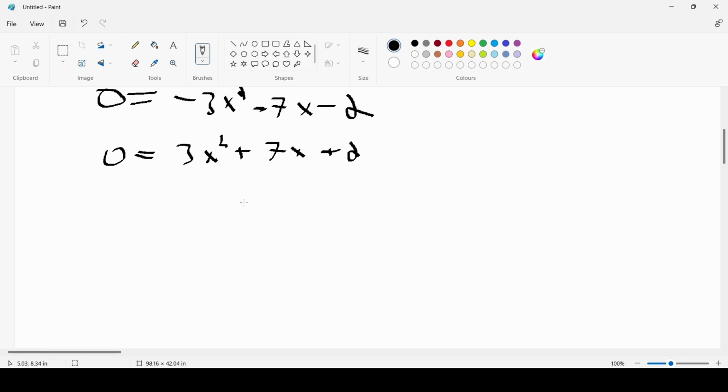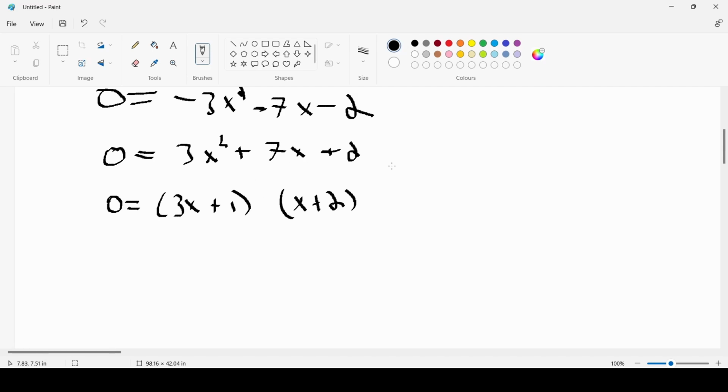Now, we can use the quadratic formula, or we can factor. I will factor. If you use the quadratic formula, you'll still get the same thing. Now, I know it's 3, so this must be 3x, and this must be x. Factors of 2 that add up to 7 are going to be plus 2, and can you guess the last one? Plus 1. Reason being is we have a 3 here, 3 times 2 is 6, and 1 times x is 1, so 6 plus 1 is 7.